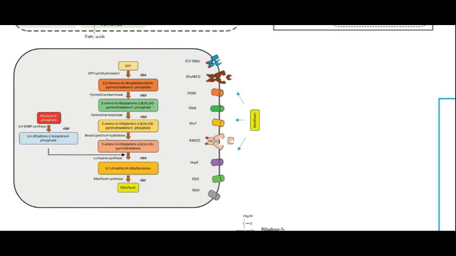Then there are what they call broad spectrum hydrolases. These hydrolases are phosphatases, so they are just removing a single phosphate.